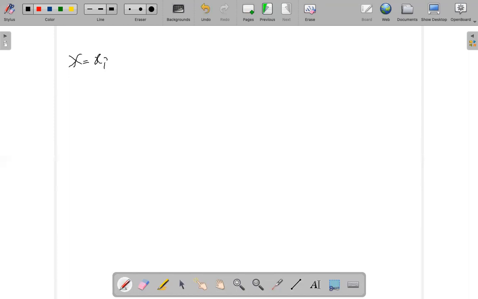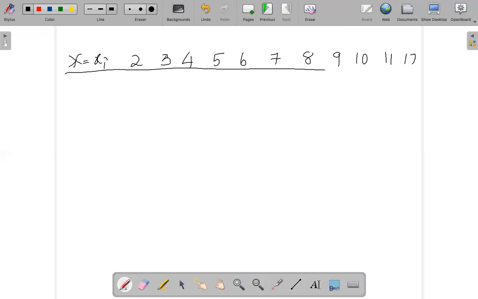So in that xi, x1 will be 2, x2 which is 3, 4, 5, 6, 7, 8, 9, 10, 11 and 12. So these are x1, x2, x3 and so on.